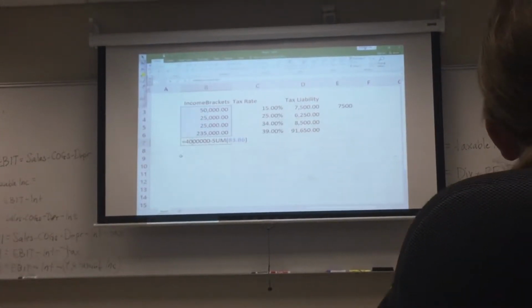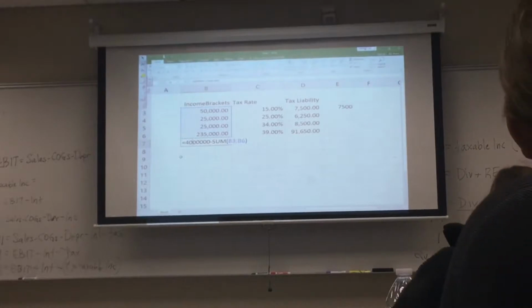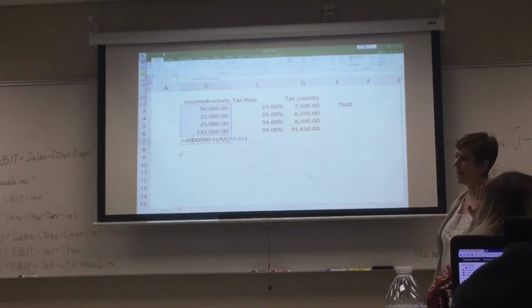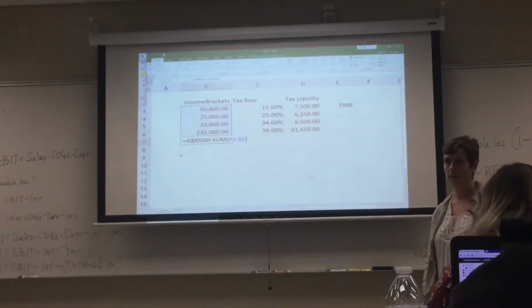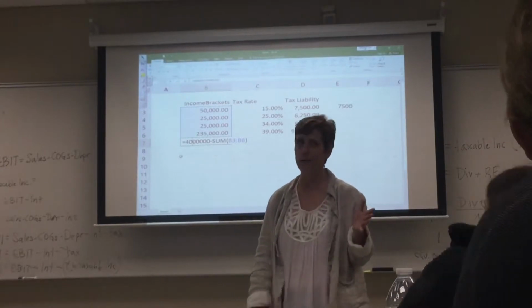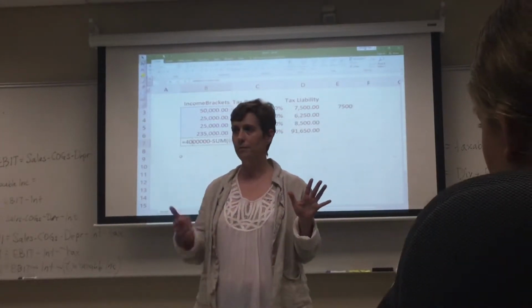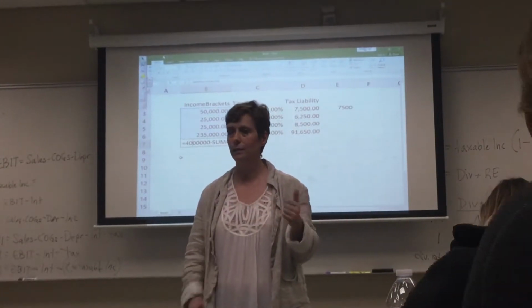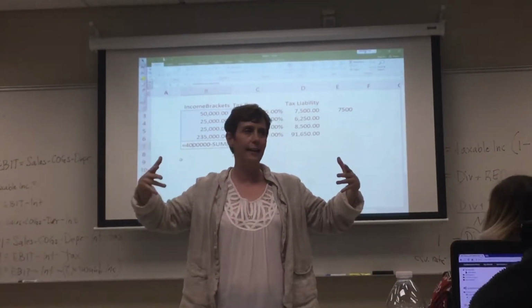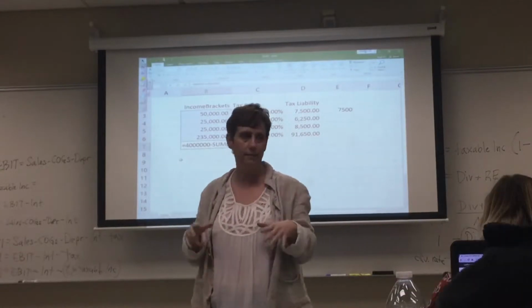This is a whole lot easier than plugging into your calculator. You'd be plugging in your calculator 1, 2, 3, 4, 5 different equations, and with the possibility of making a mistake on each one. That thumb finger mistake. Here, everything you can see, and if you've made a mistake, it's so much easier to find.